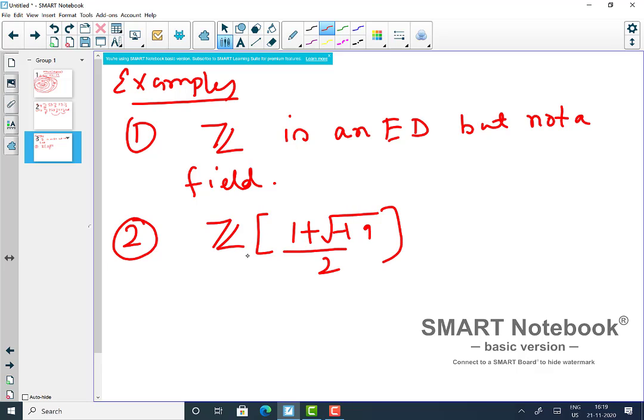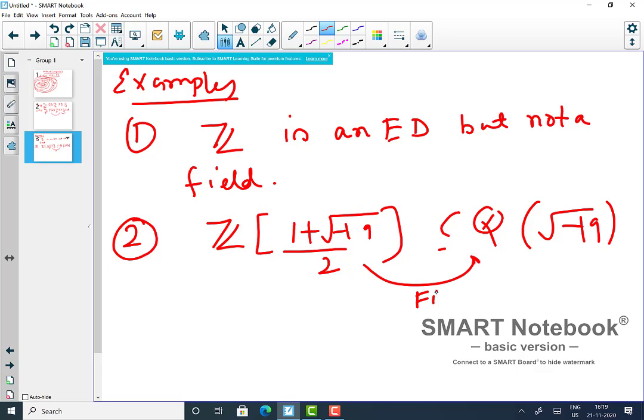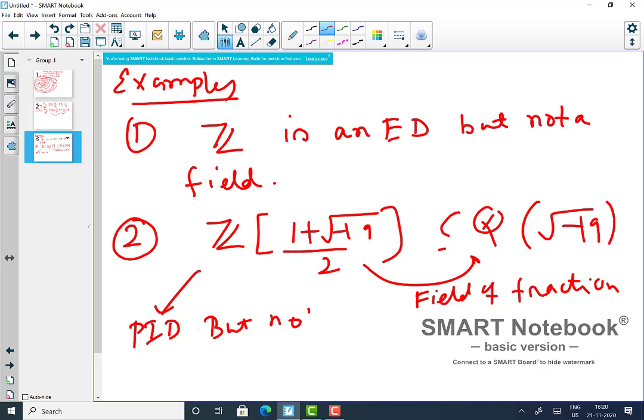This is actually the ring of integers of Q(√-19), and Q(√-19) is the quotient field, the field of fractions, of this. This will show that this is a PID but not a Euclidean domain. I will show it one by one.